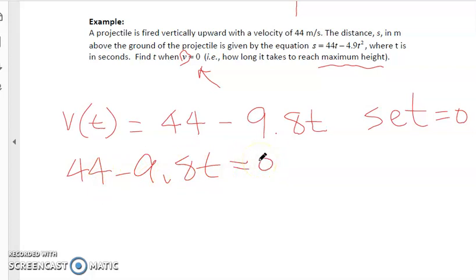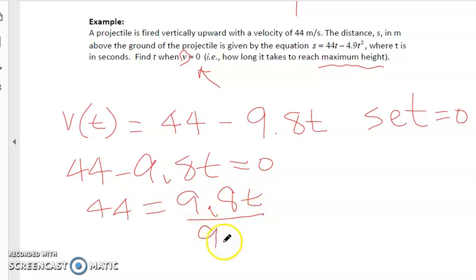That's just a linear equation. So you're going to have 44 equals, bring your negative 9.8 over, 9.8t. Divide both sides by 9.8. Like so. And of course they cancel.